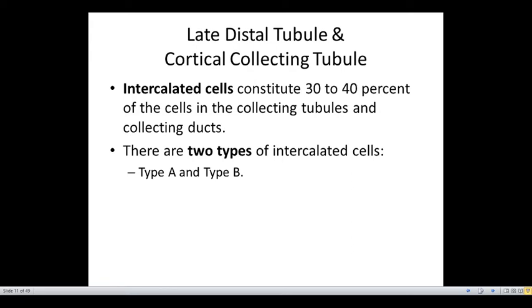Now coming to the intercalated cells, they constitute 30 to 40% of the cells in the collecting tubules and collecting ducts. There are two types of intercalated cells, type A and type B. The intercalated cells play a major role in acid-base regulation, as we will learn in later lectures.